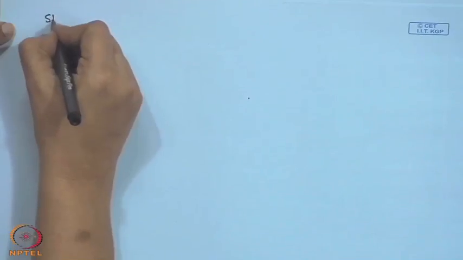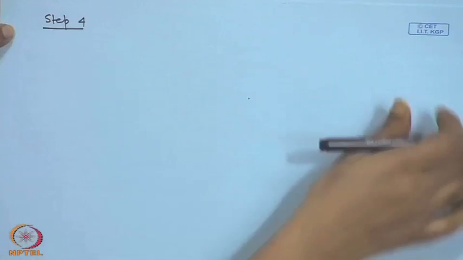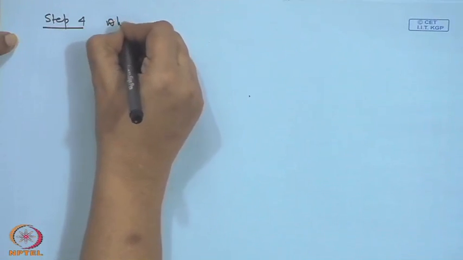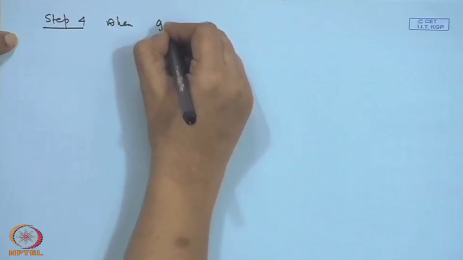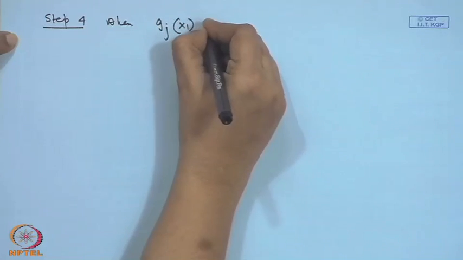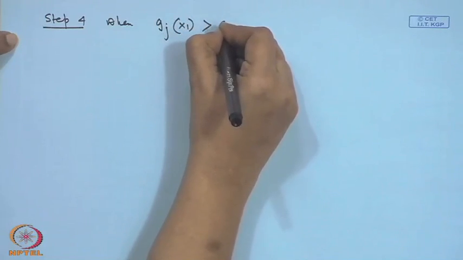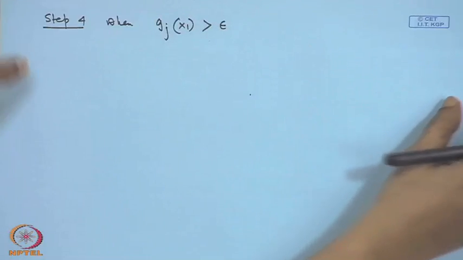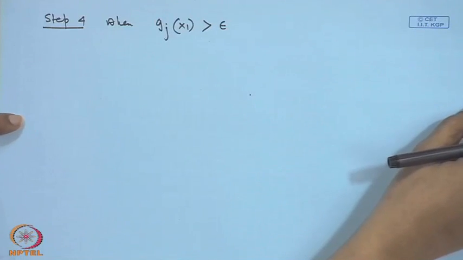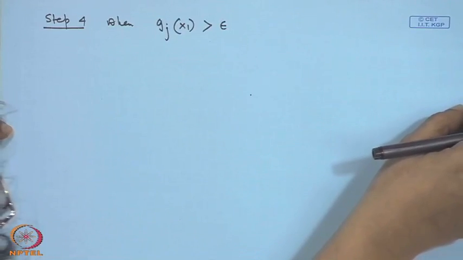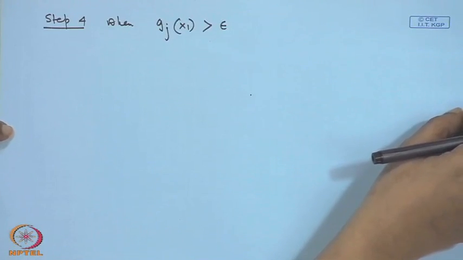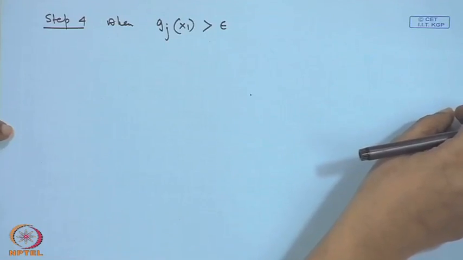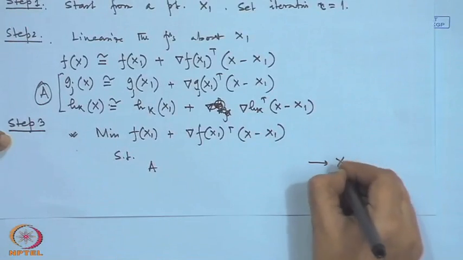That is why let me move to step 4. When G_j(x1) is greater than a very small number epsilon, because in general we know that G_j(x) is less than or equal to 0. Let me consider the optimal solution we get out of it, that is x2.